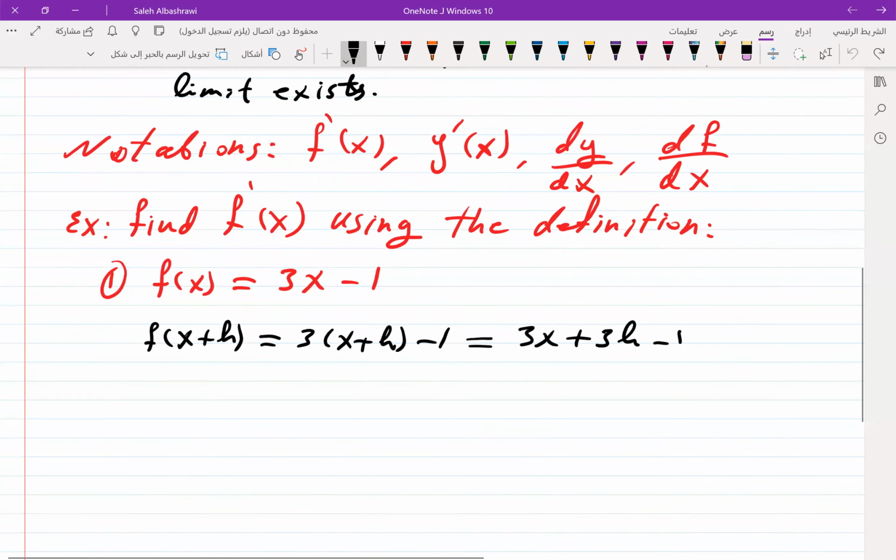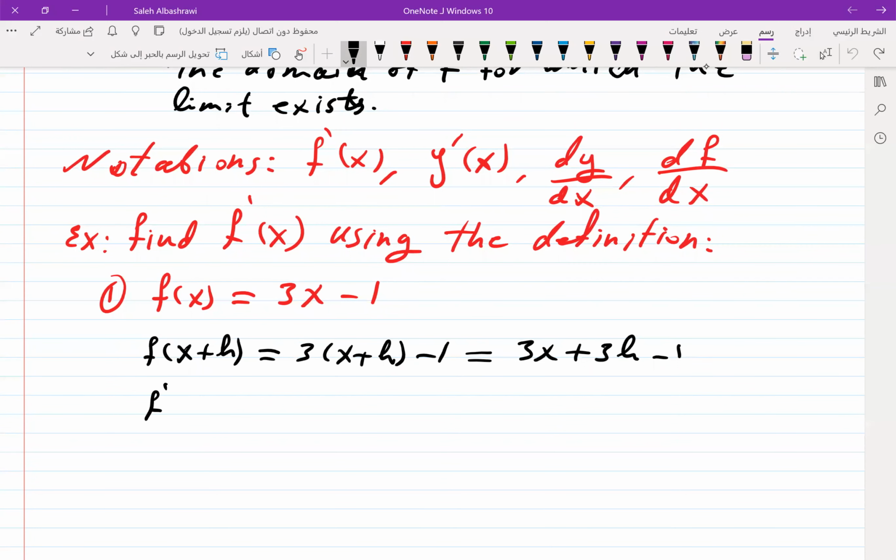So the derivative of x is equal to the limit of f of x plus h minus f of x divided by h, where h goes to 0.